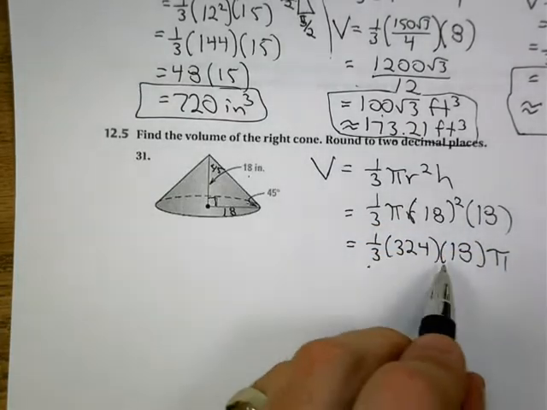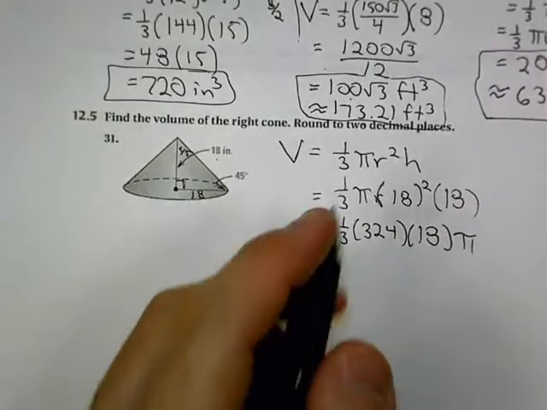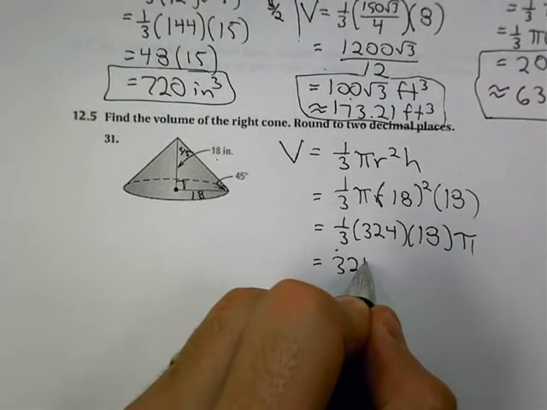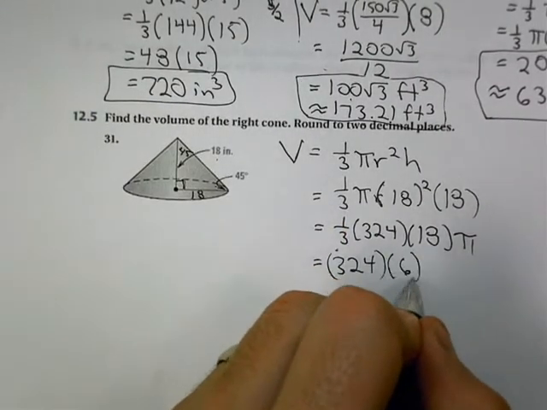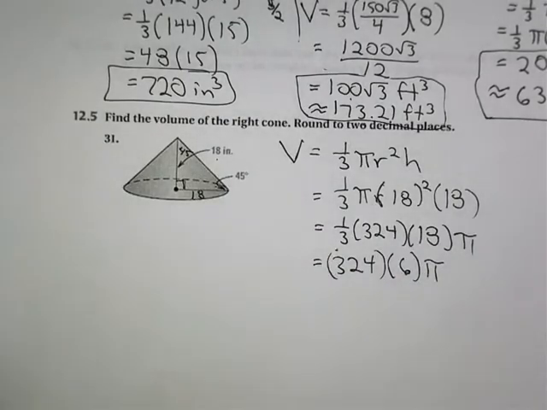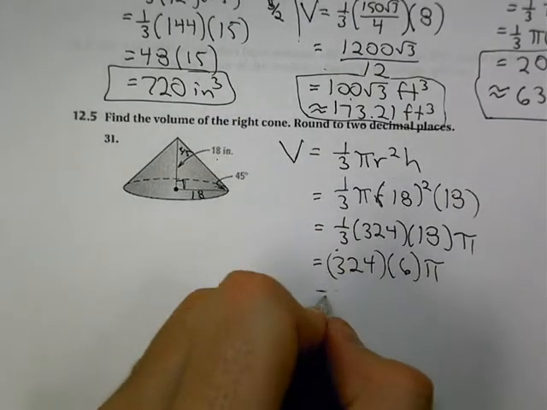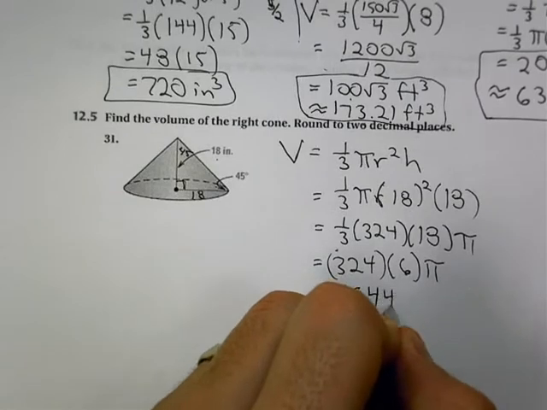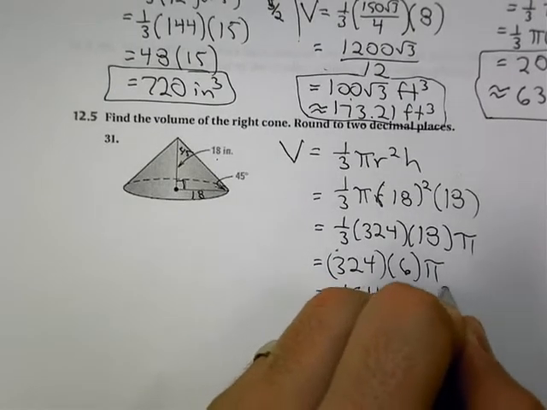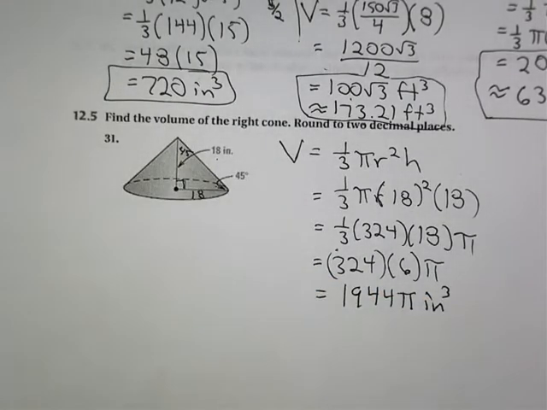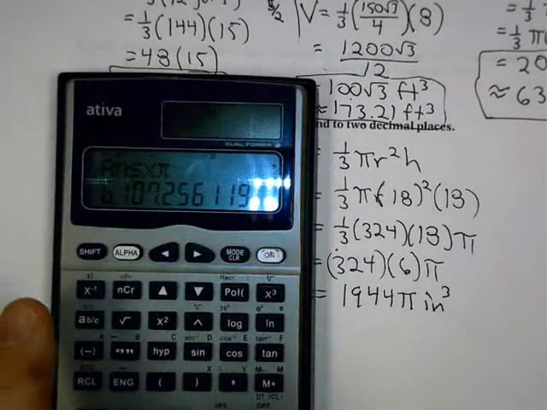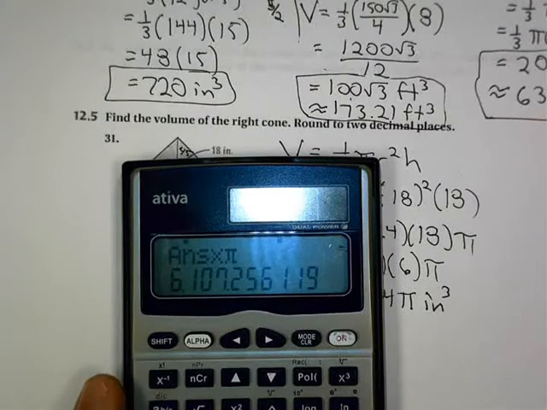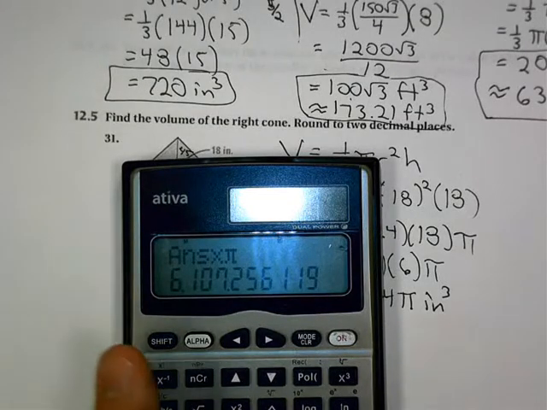How about I take a third, or divide 18 by 3? I get 324 times 6. 324 times 6 gives me 1,944 pi inches cubed, and we can multiply then that by pi, and we get, it's approximately 6,000, put it up here, 6,107.26, we'll round to.